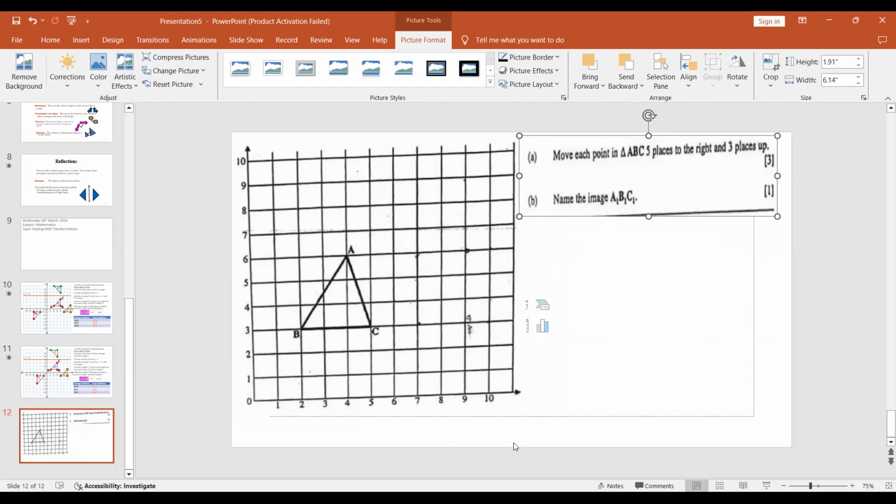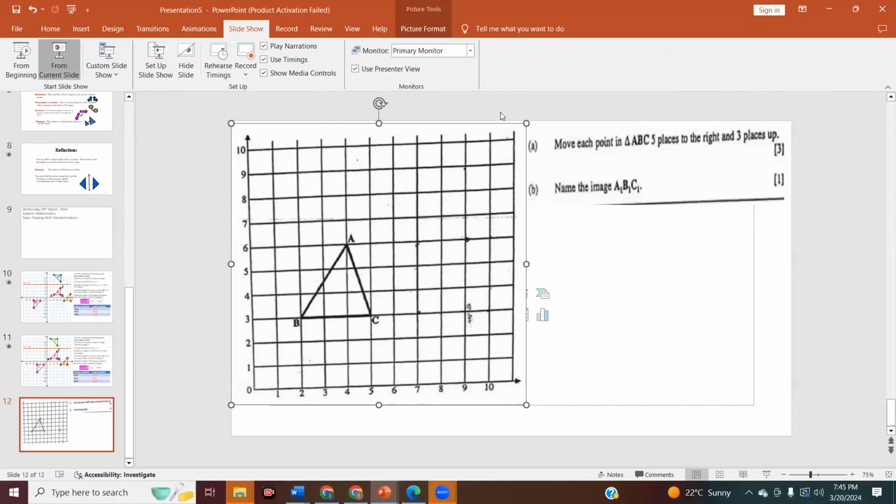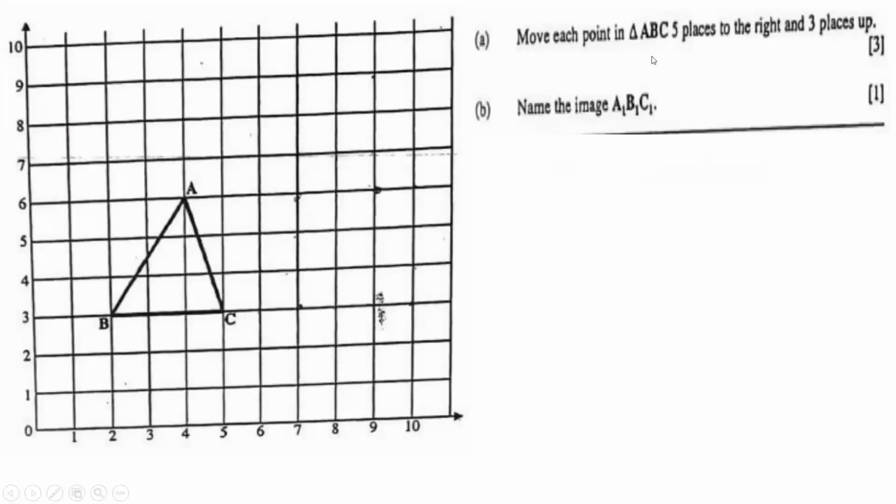Silvertine, I sent you a message in the chat. I see it. So move each point 5 spaces to the right and 3 spaces up.